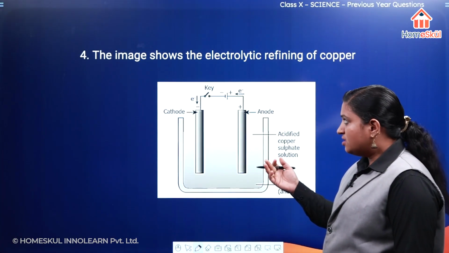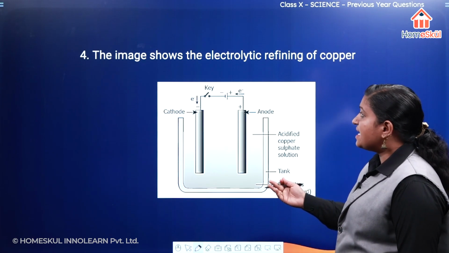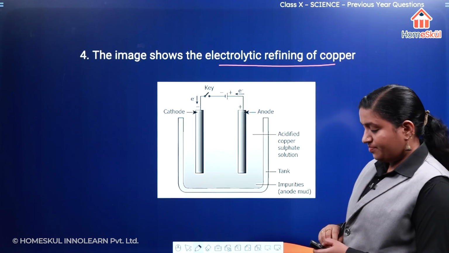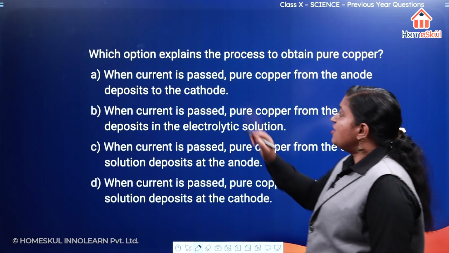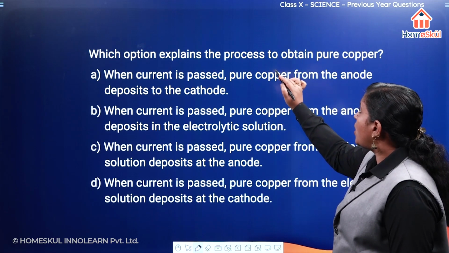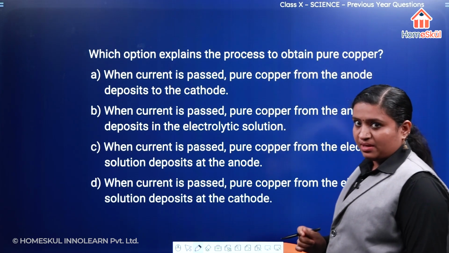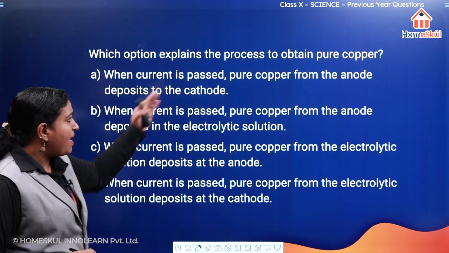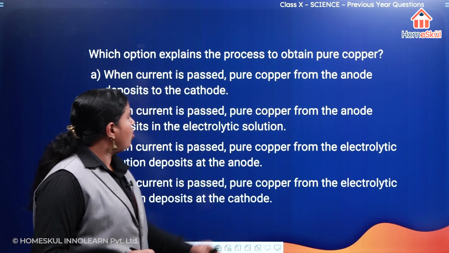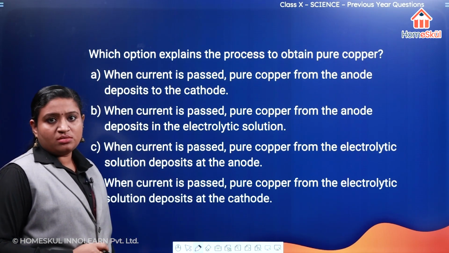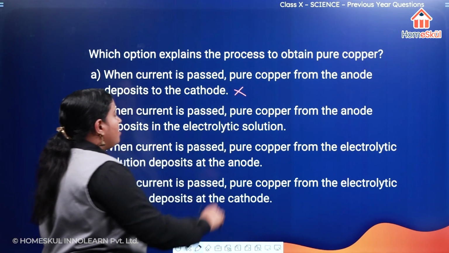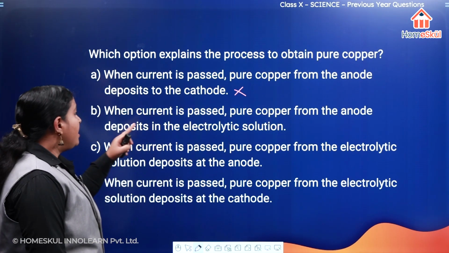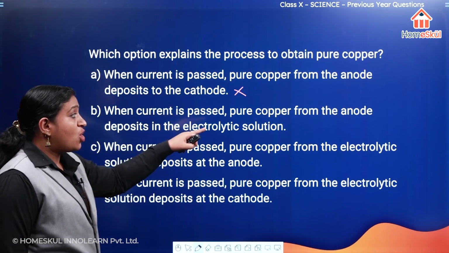Here, in the fourth question, you can see the image which represents electrolytic refining of copper. And our question is, which option explains the process to obtain pure copper? We have four options here. When current is passed, pure copper from the anode deposits to the cathode. No, it's wrong. Let's see B. When current is passed, pure copper from the anode deposits in the electrolytic solution.